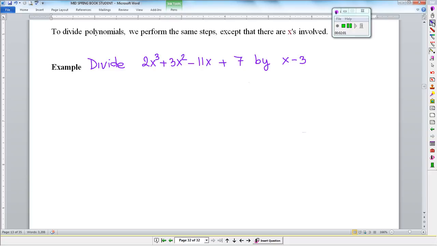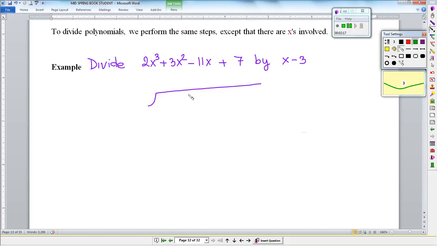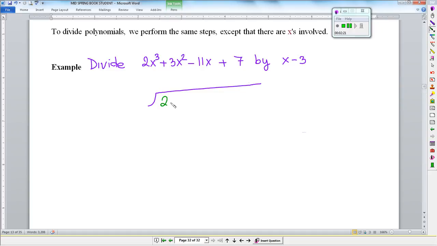Now we are going to divide these two polynomials. I'm going to use long division again, so start with the symbol. The dividend is 2x to the power 3 plus 3x squared minus 11x plus 7, and the divisor is x minus 3.